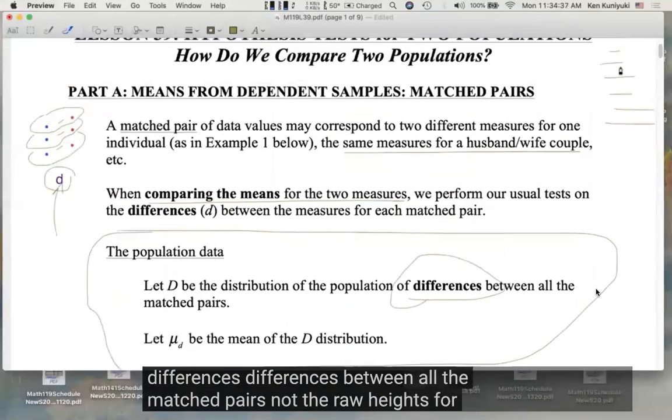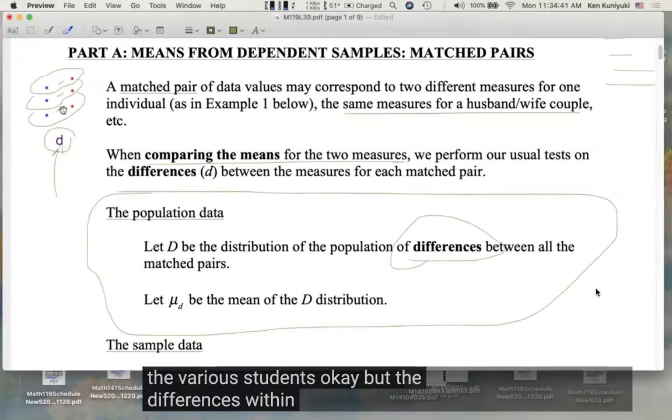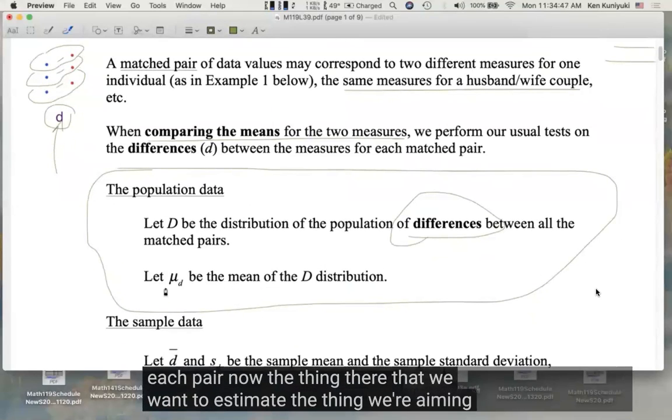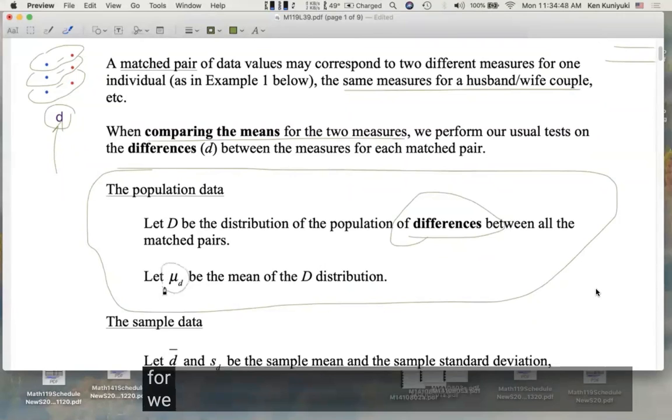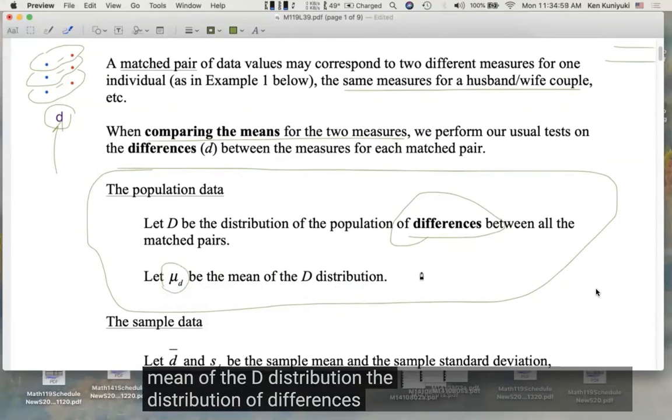Not the raw heights for the various students, okay, but the differences within each couple, within each pair. Now, the thing that we want to estimate, the thing we're aiming for, we want to test for the population mean of the differences, mu sub d. That's the mean of the D distribution, the distribution of differences.